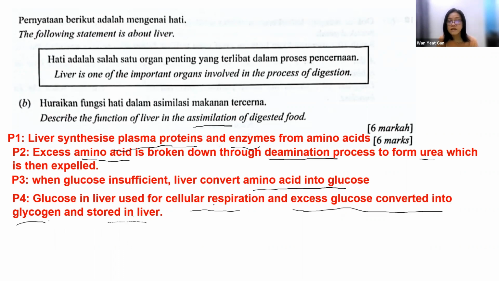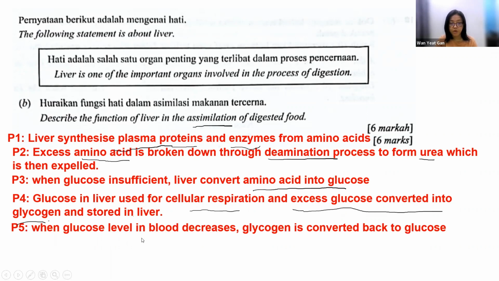This glycogen can be converted quickly into glucose when our blood glucose is low. So when blood glucose decreases, glycogen is converted back to glucose, which means that the liver regulates the amount of glucose.